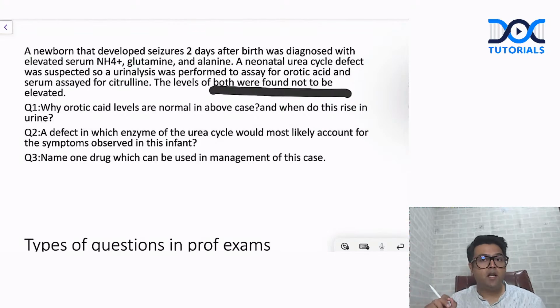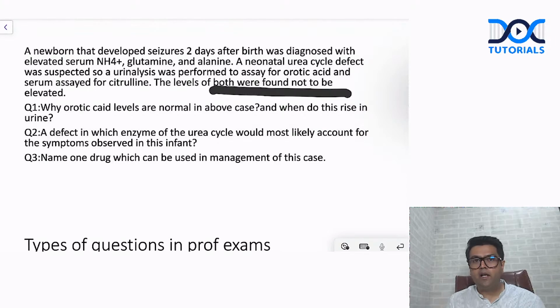So guys, always highlight. It is very important in the university exams or in your prof exams to highlight the most important things that you want to show to your examiner, that yes, I know the crux. I know the most important point of this particular question.